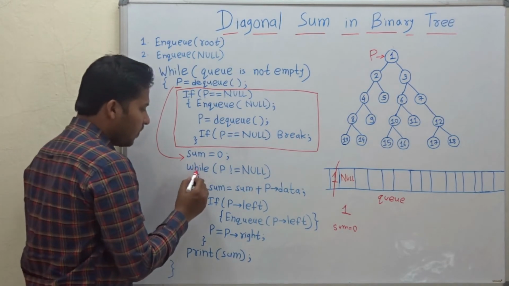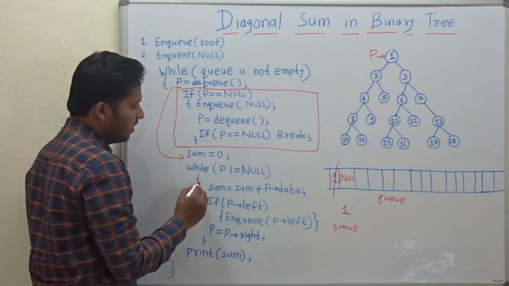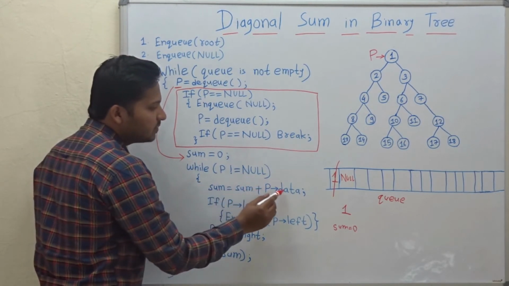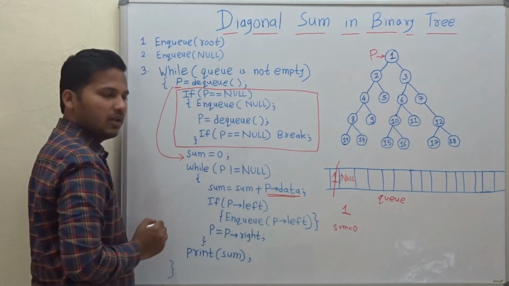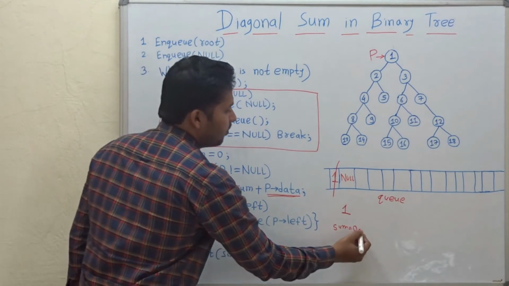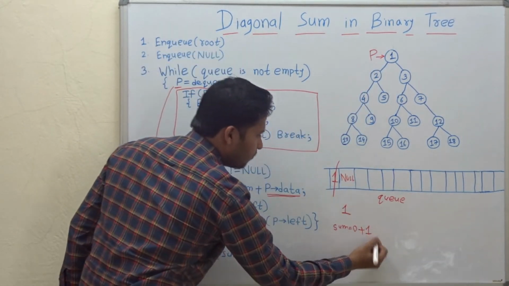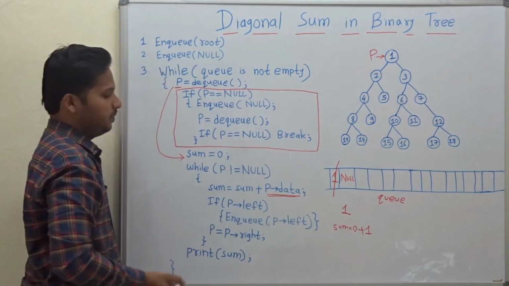Now, while P is not equal to null, yes, it is not null, then go inside. Sum is equal to sum plus P points data, means data of node P. Yes, so 0 plus the data of that node is 1.